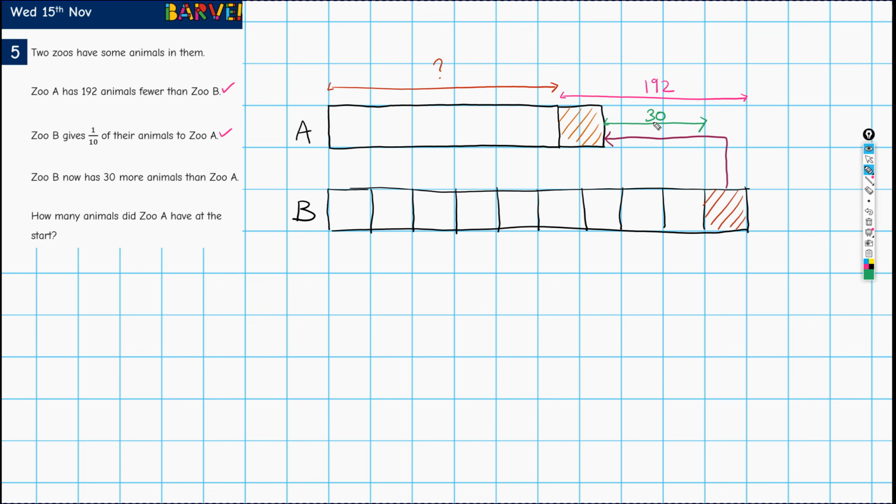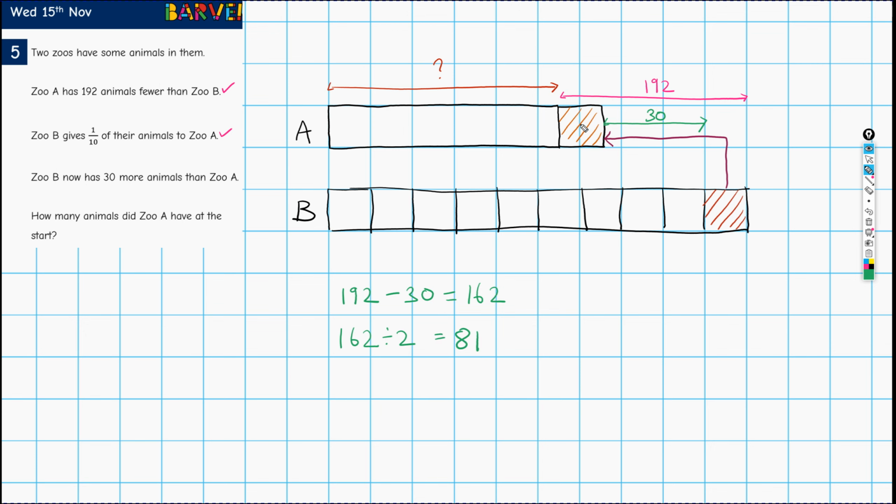So if I subtract 30 from 192, I will get the value of these two equal parts. So 192 minus 30 gives us 162. And if I divide 162 by 2, I get 81.